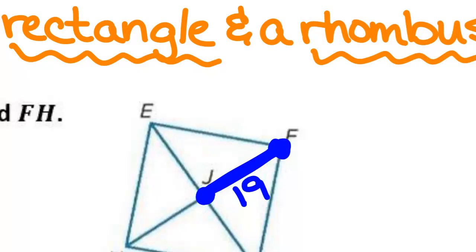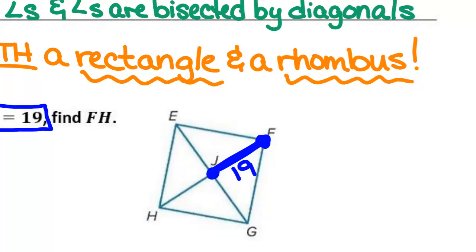What do we know about the 4 sides of a square? They are congruent. So all 4 of these sides on the outside are congruent. What do we know about the diagonals of a square? They bisect each other. What else?